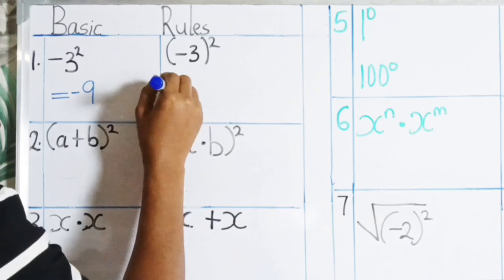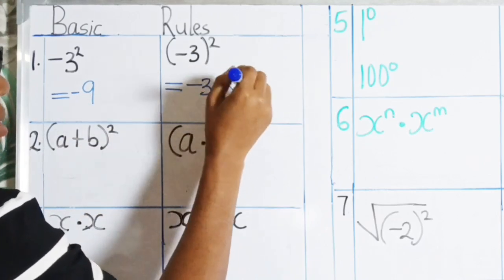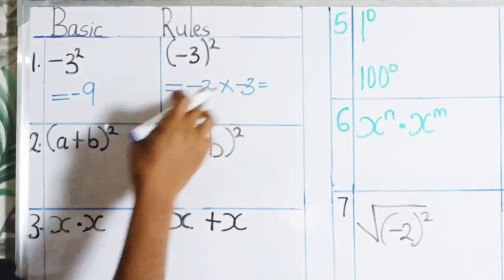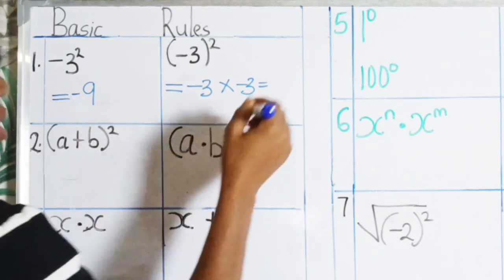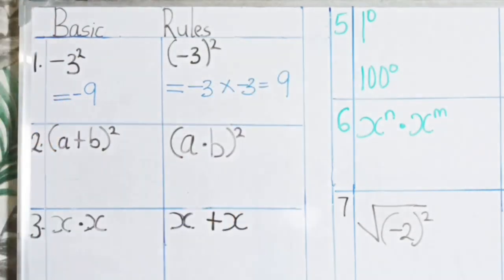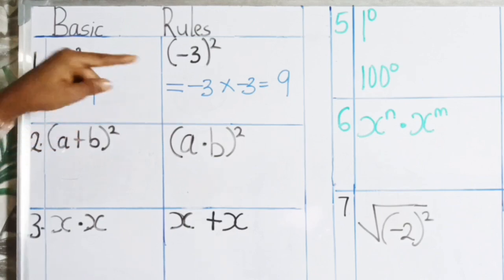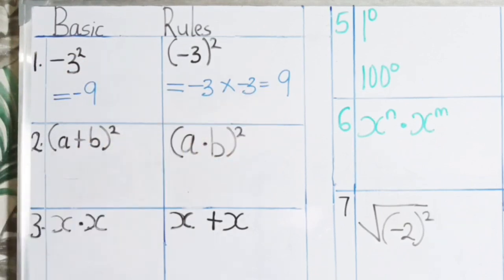So this is going to be equal to minus 3 times minus 3. Okay? Minus times minus is plus. 3 times 3 is 9. So here we're going to have plus 9. So you can see that this particular expression gave us minus 9, while this one gave us plus 9. All right? Okay, so let's go to the second one.